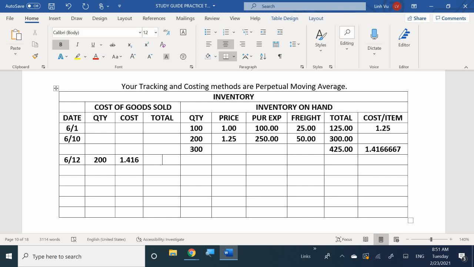Make sure you round to the nearest penny. 283.33. Does everyone else agree? Yes?